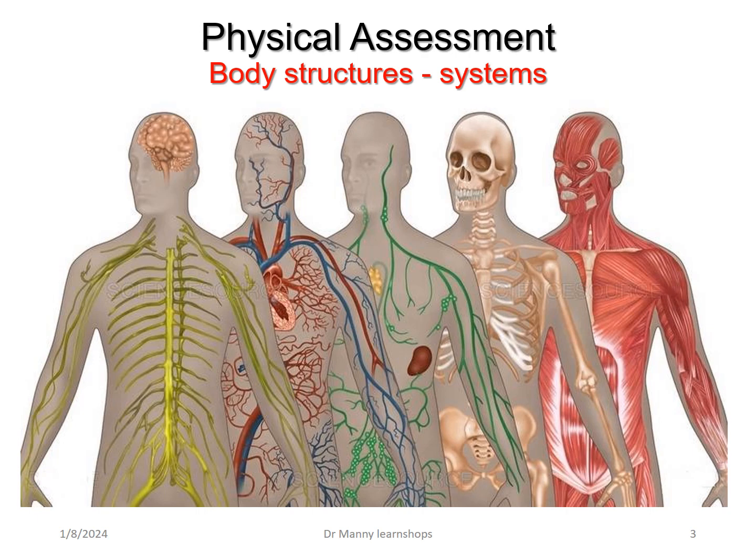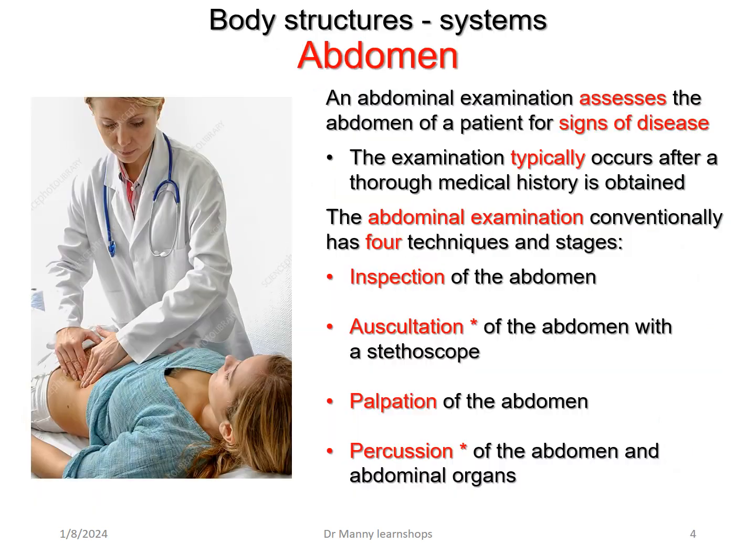When we come to the physical assessment, as far as the abdomen goes, the abdominal examination is to assess for signs of disease, as is with all systems. The examination typically involves a thorough medical history, as with all assessments. The abdominal examination is conventionally divided and has 4 techniques: inspection, auscultation, palpation, and percussion.